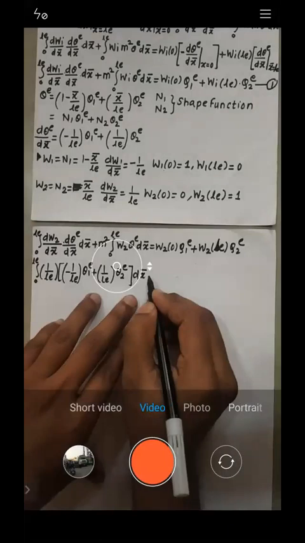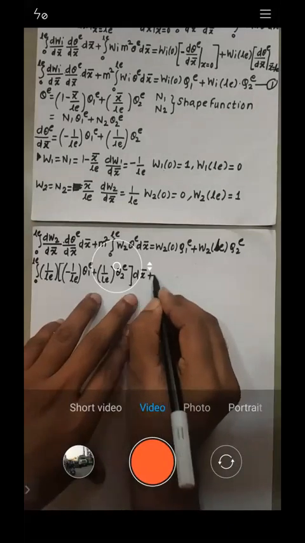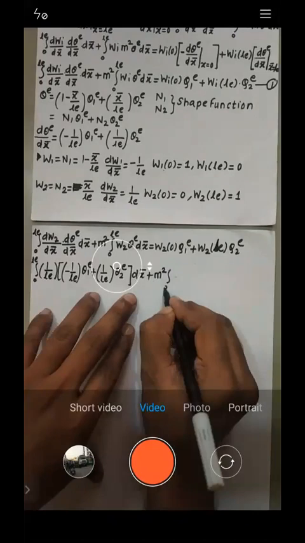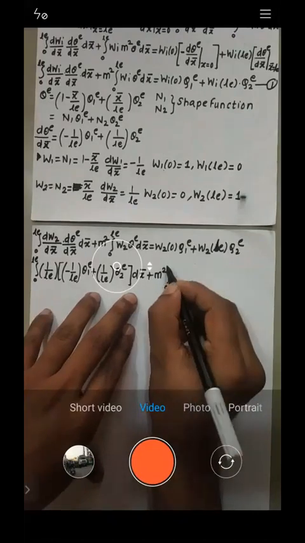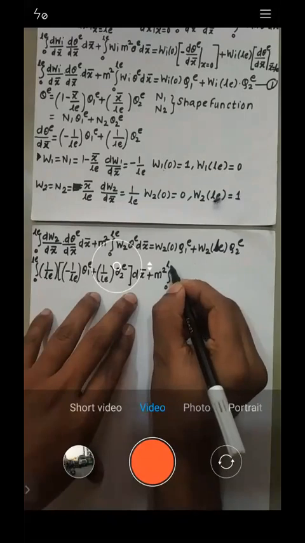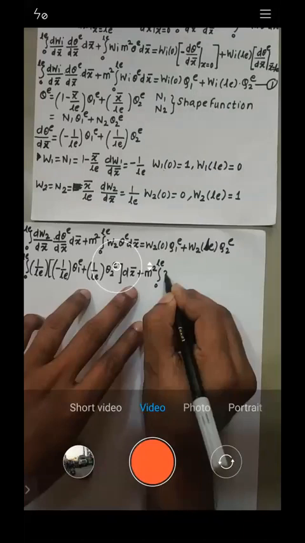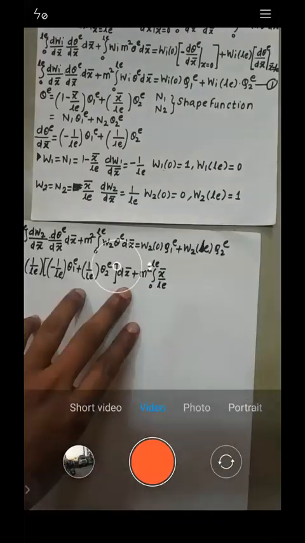Plus m square, 0 to LE, into second weight function W2. What is that? See here, you can see it is x bar by LE, second weight function. Okay, into theta E, right?